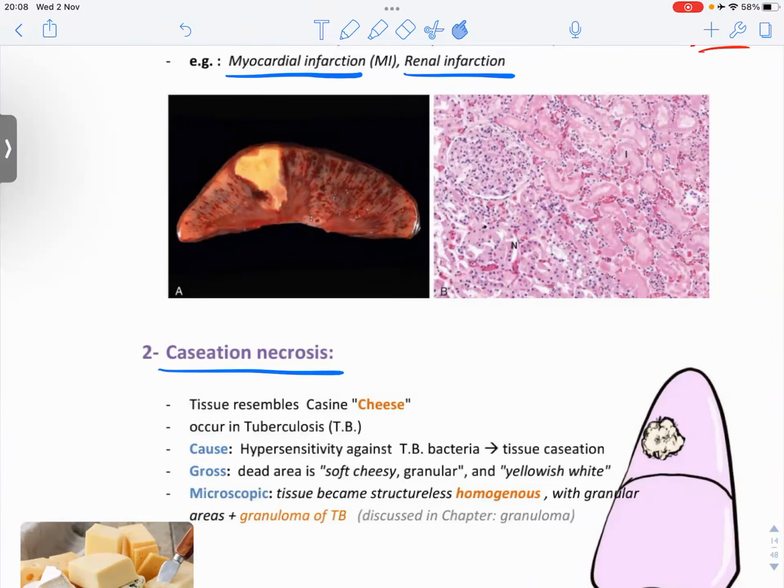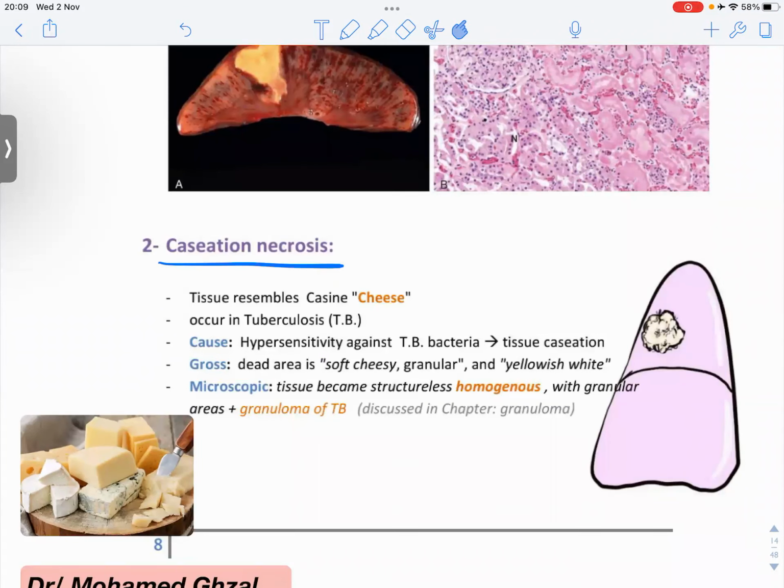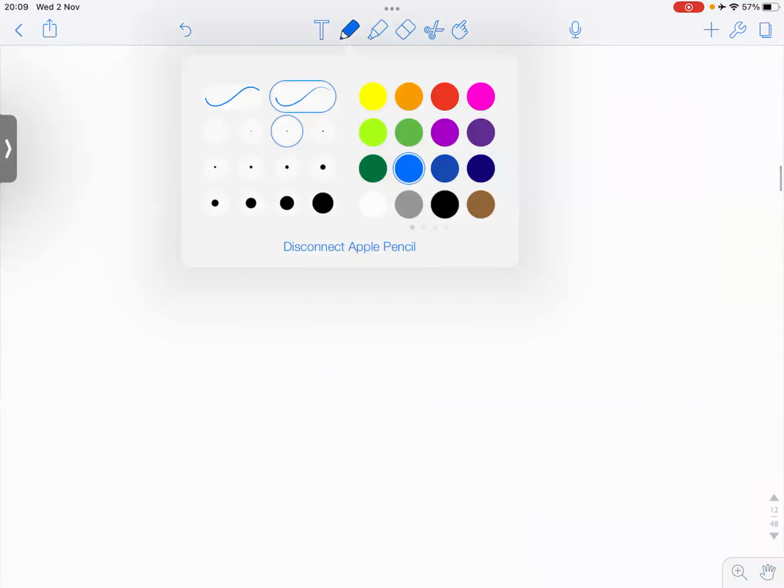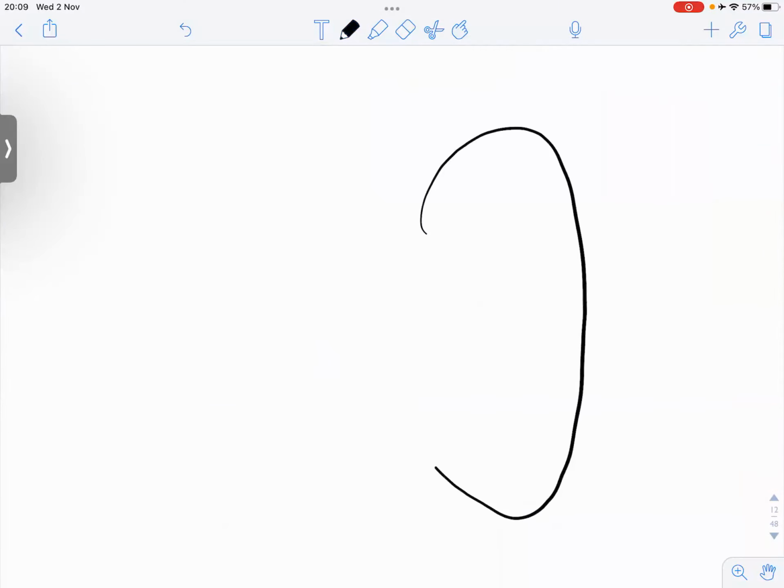Caseation occurs due to tuberculosis, and we will discuss tuberculosis in detail in the tuberculosis chapter. But let me explain how tuberculosis can lead to destruction of the cells. For example, this is the lung.